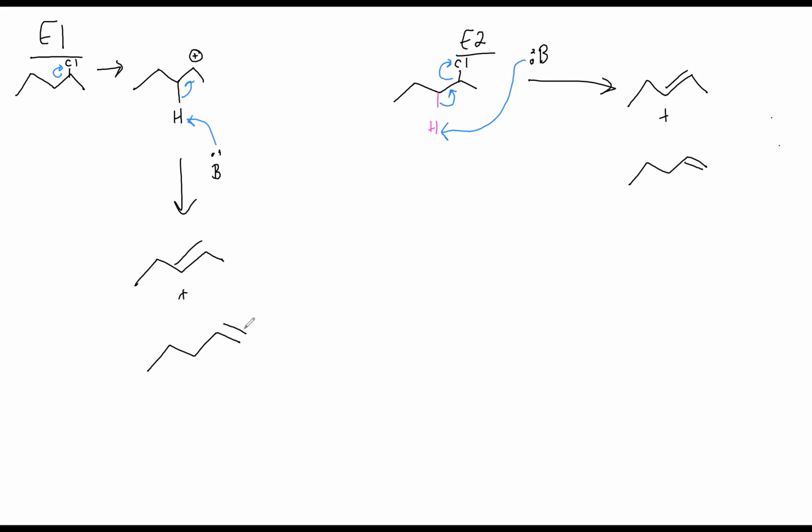So yes, for E1, you can see that we have this carbocation. Whenever we have a carbocation, we can do some sort of hydride shift. It's just that in this case, we didn't have to do any. Okay? Does that make sense so far? Okay, awesome.